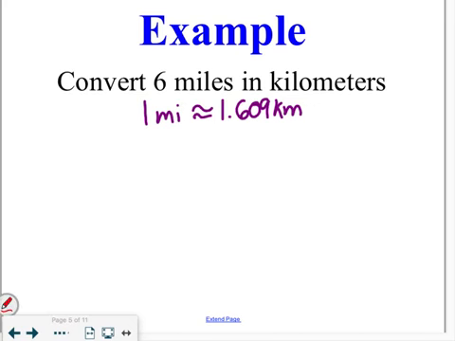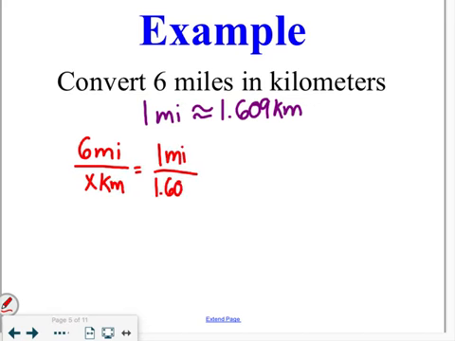Your first option is to use proportions. So we got 6 miles over we don't know how many kilometers is equal to 1 mile over 1.609 kilometers. Again, being careful that if you're using proportions, your miles are on top, your kilometers are on the bottom, or vice versa.